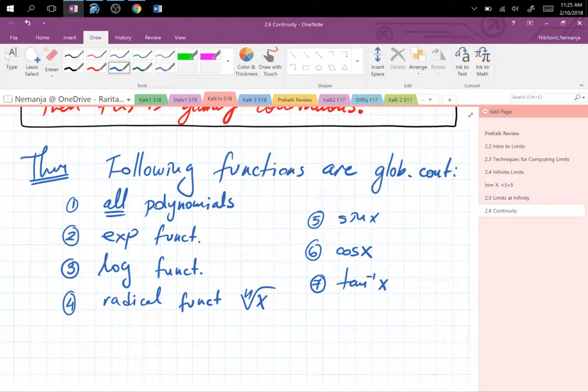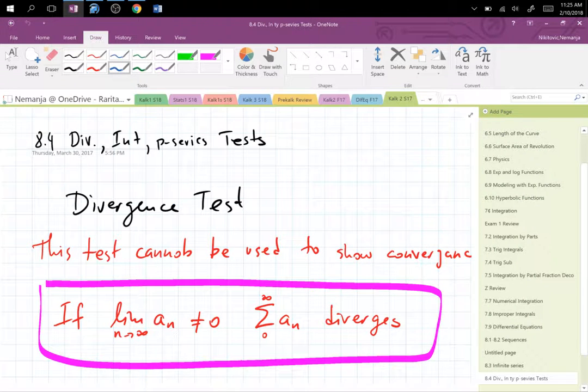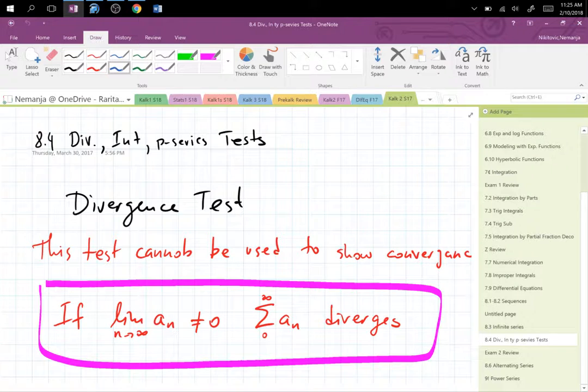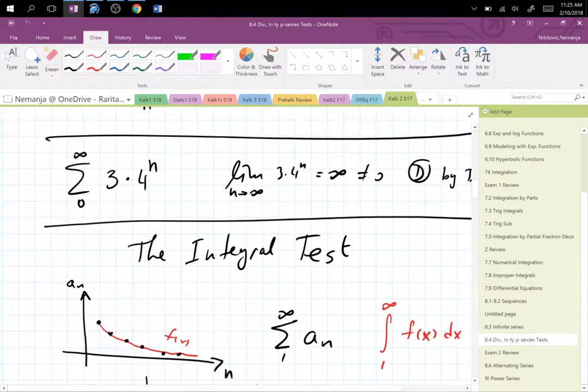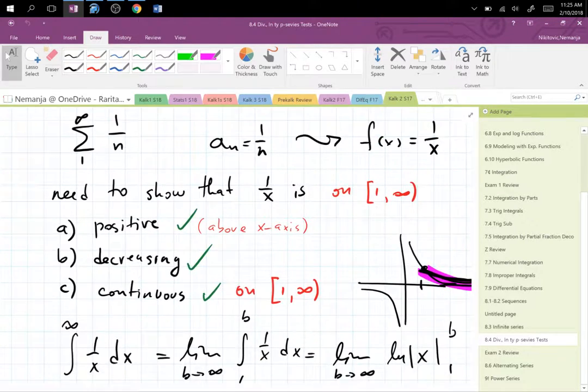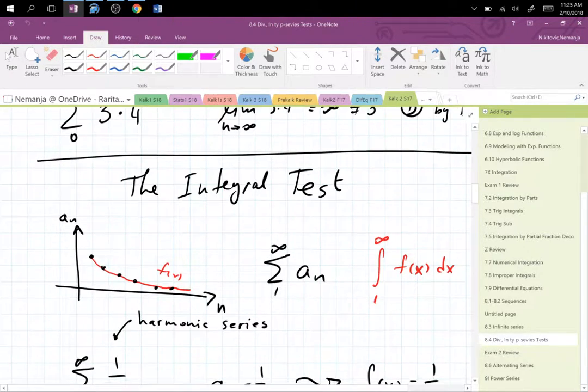Because Calc 2. This is where I jump into Calc 2, and then I jump into, let's say, oh, I'm already there. Divergence test, no. Aha, there we go. Integral test.